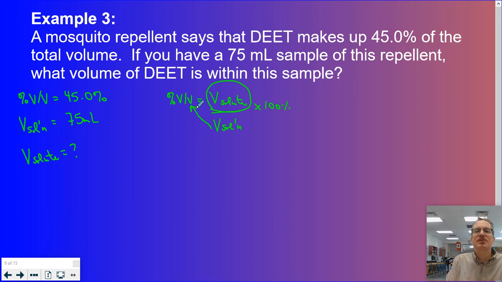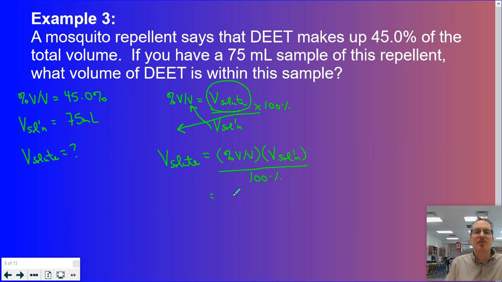I'm going to multiply those two together. And because I'm multiplying by 100, when it moves, it's going to go to the bottom, and I'm now going to divide by 100. So V solute equals percent by volume times V solution over 100%.